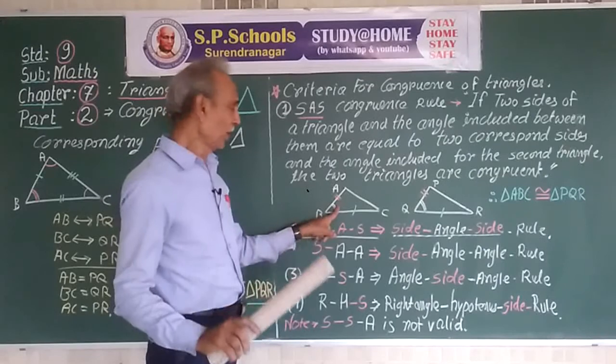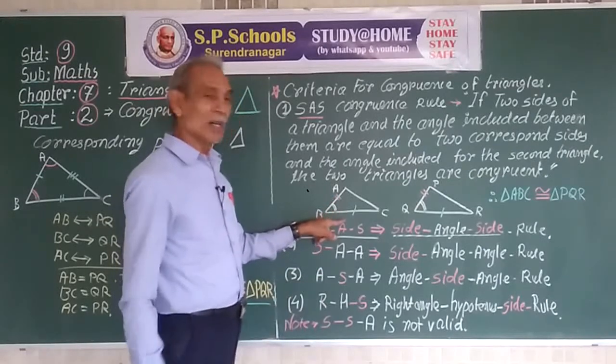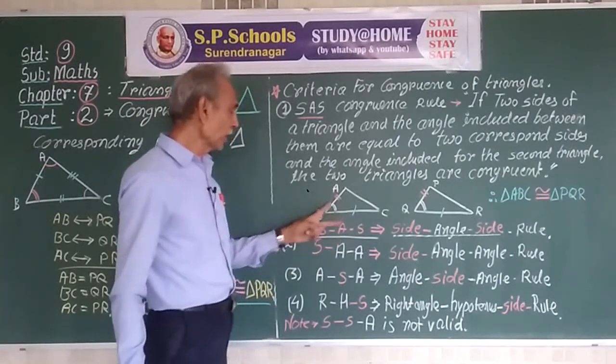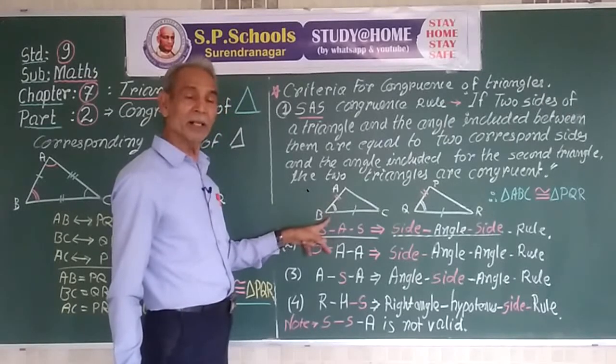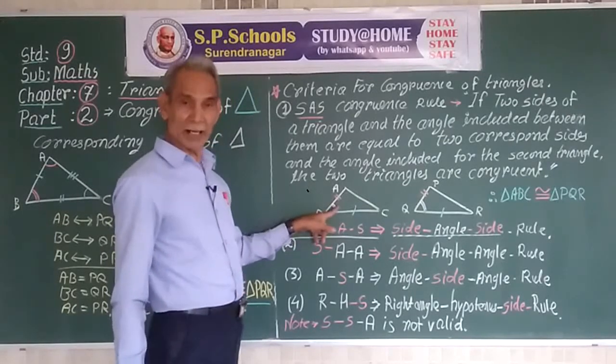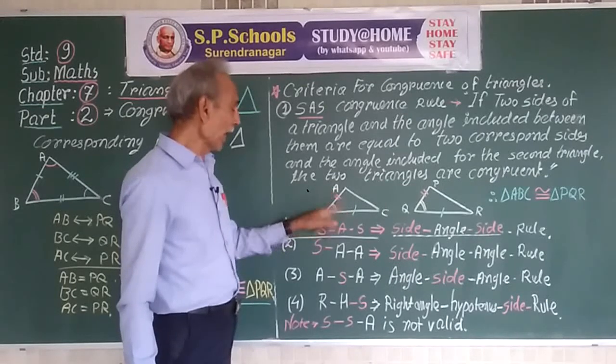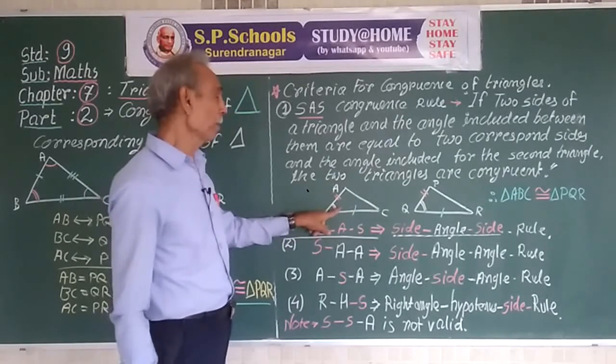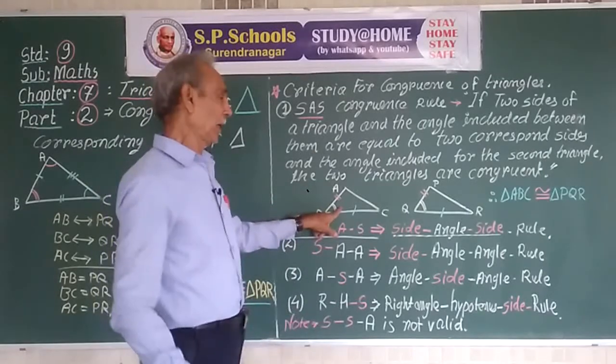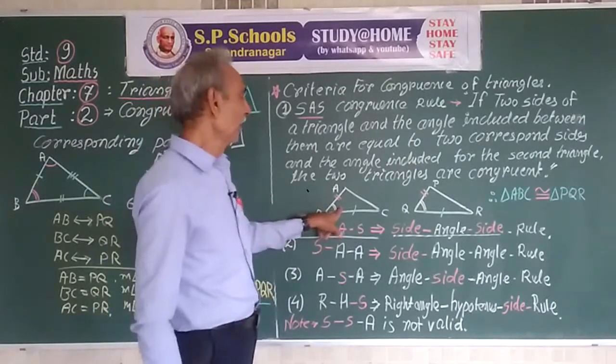Mind it well. 2 sides of an angle are always neighboring. They are always making an angle. So 2 sides of a triangle and the angle included between them are equal in length and measure.